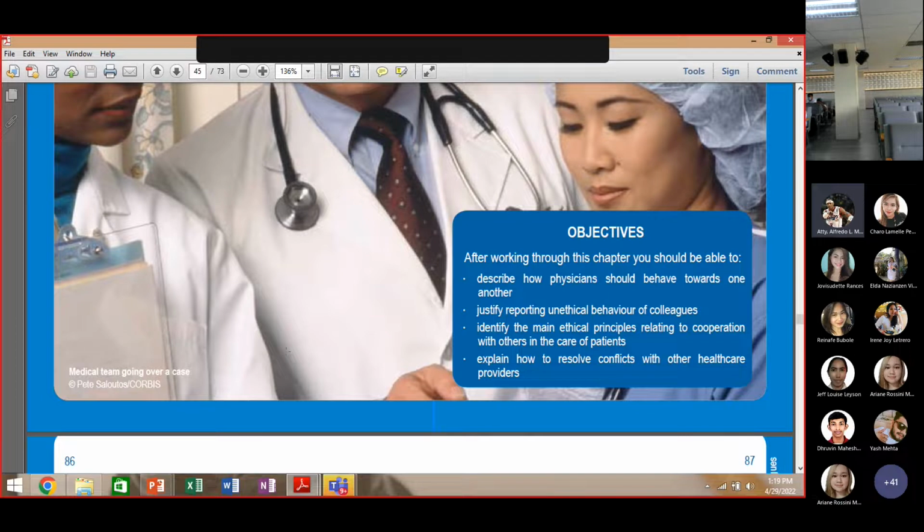It has many fields, for example, OB-GYN, there is the heart, there is the neurologist, there is the urologist. So it involves many fields and you have to specialize in a certain field.